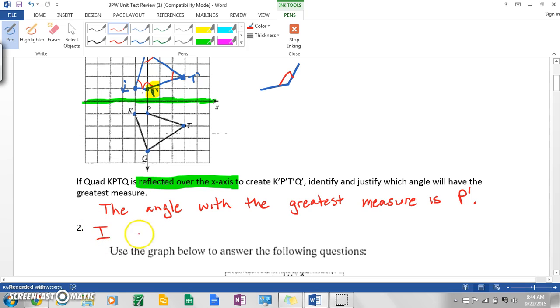I justified this by performing the reflection.